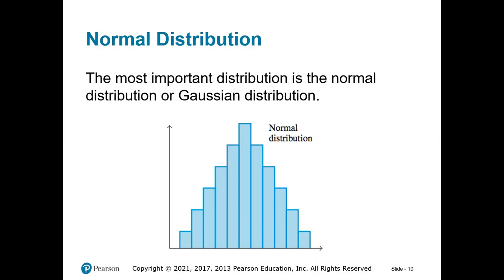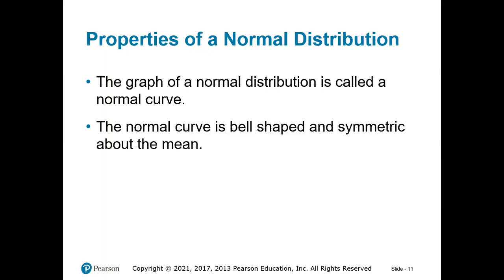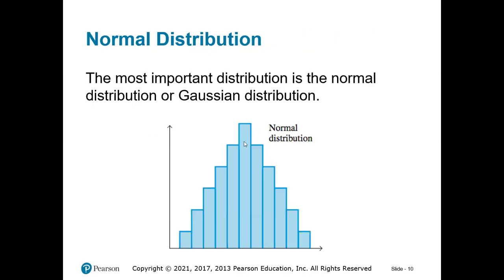It is sometimes called the Gaussian distribution. Gauss was a German mathematician who worked a lot with these types of distributions. The graph of a normal distribution is sometimes called bell shaped. It is symmetric about the mean. If you look at this one here, the mean, the mode, and the median are the same. And that's what's good about the normal distribution.